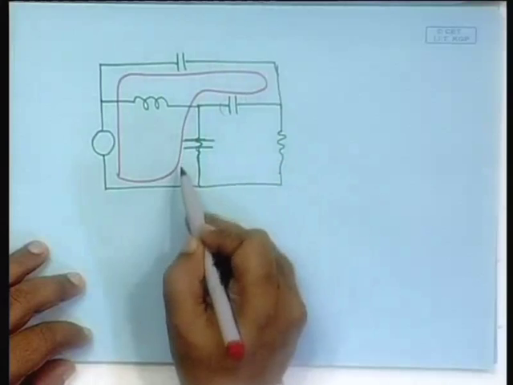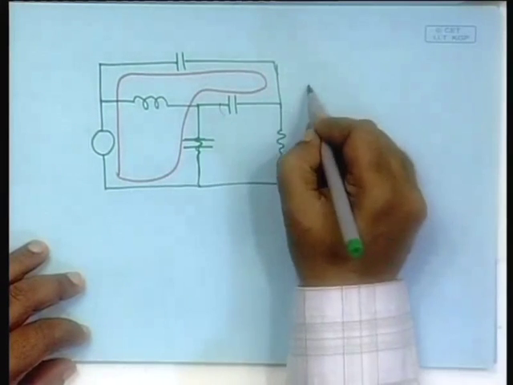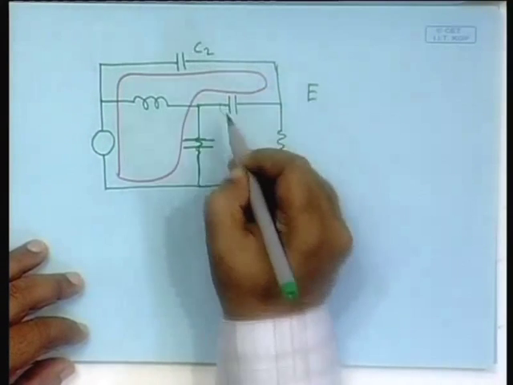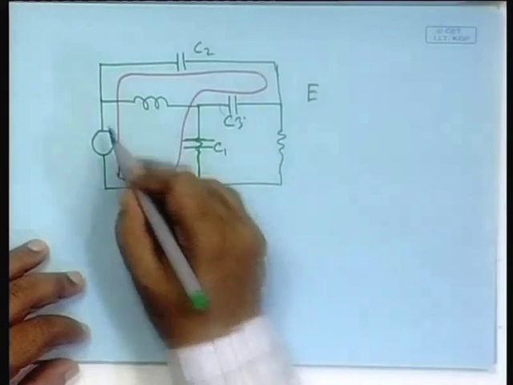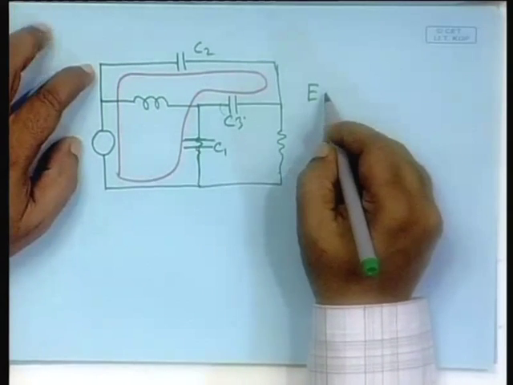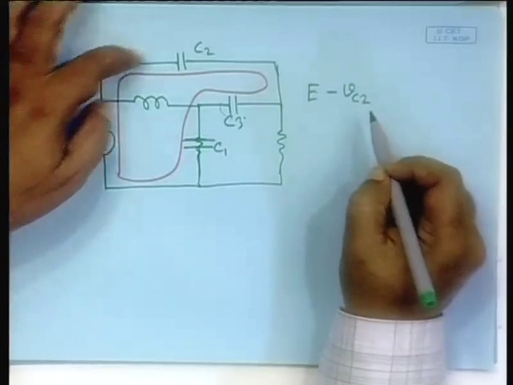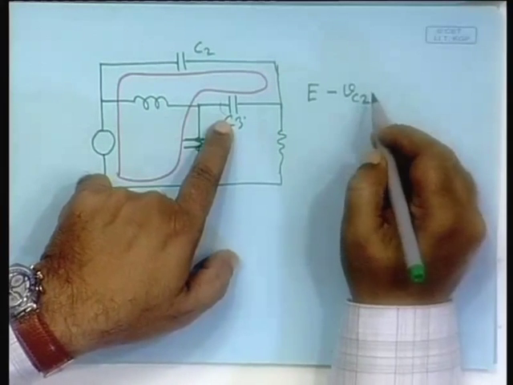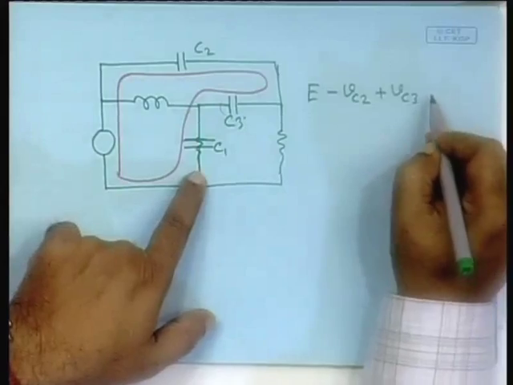If you write the KVL in this loop, what do you have? You have E, say this is C2, this is C1, this is C3. So, E minus Vc2, because this was plus, this was minus, then you come here, it is plus Vc3, this is plus, this is minus.